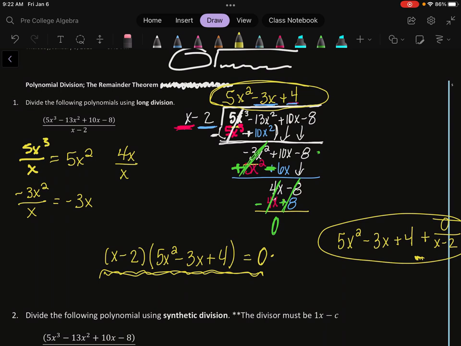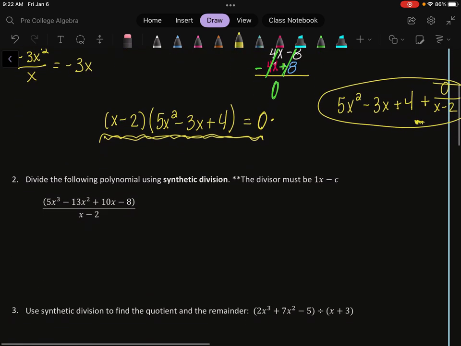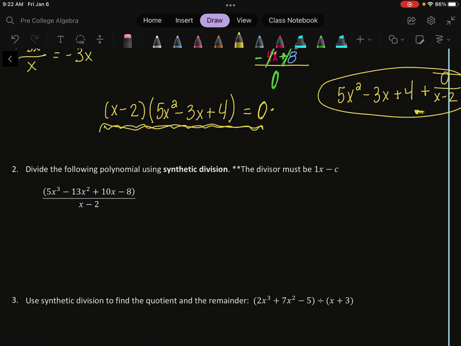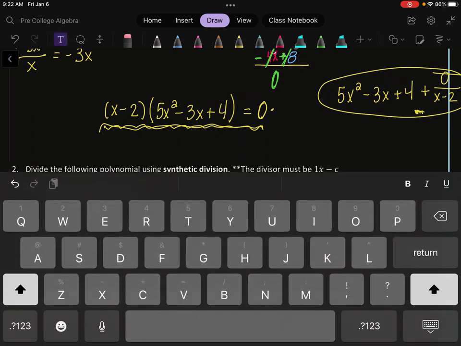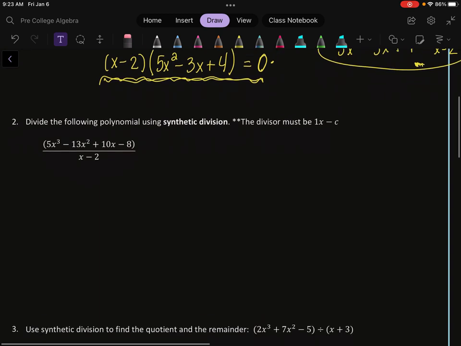So that is the hardest thing to do, I believe, when dividing polynomials. Synthetic division is a beautiful thing, and it's nice to have it. All right, so if we were to divide this polynomial synthetically, so we call it synthetic division, okay?